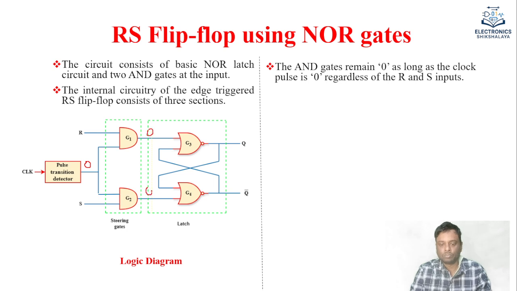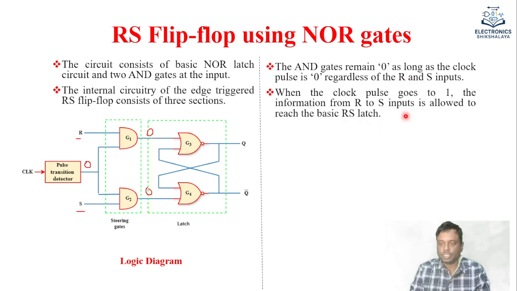Regardless of R and S, the output of the steering gates will be zero, as long as the clock is zero. When the clock is 1, the information from the R and S inputs is allowed to reach the basic RS latch.